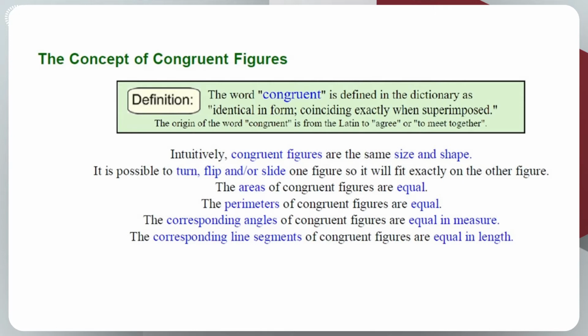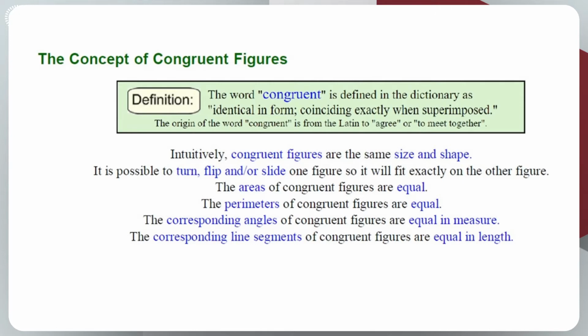And the corresponding line segments of congruent figures are equal in length. So we have two things that we need to be very familiar with. For congruent figures, corresponding angles are equal in measure, and corresponding line segments are equal in length. I want to give emphasis to this because it will keep coming back in our discussion later on.